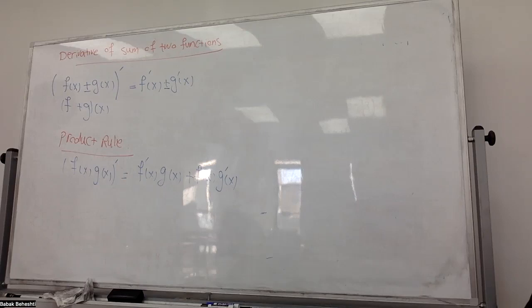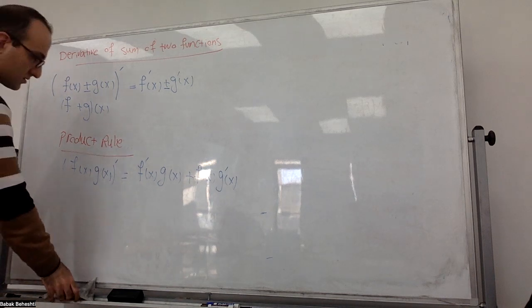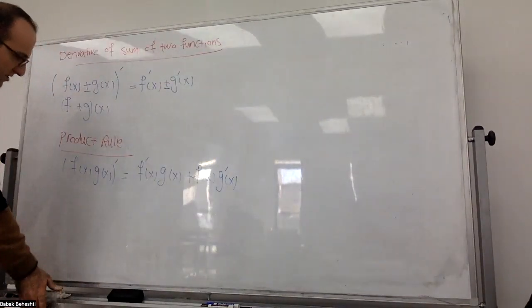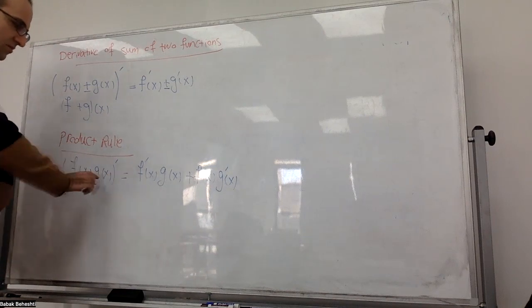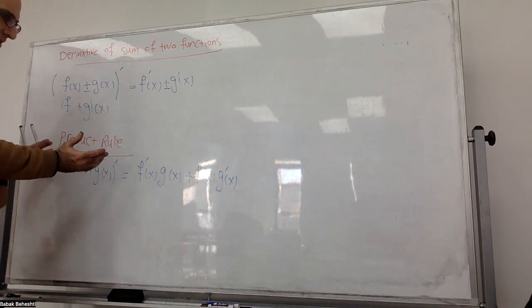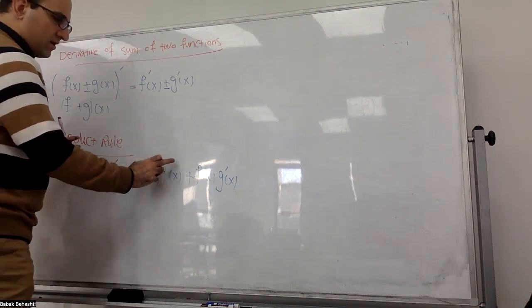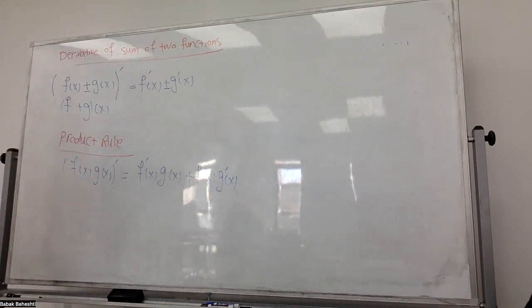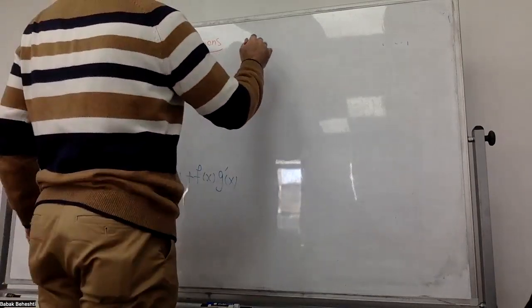We can prove this from first principles, but I'm not going to prove them because it's not much help in this course. So the derivative of the product, here is the rule: f prime times g plus g prime times f. Okay, it's easy to remember.